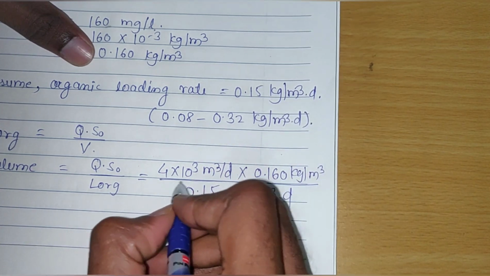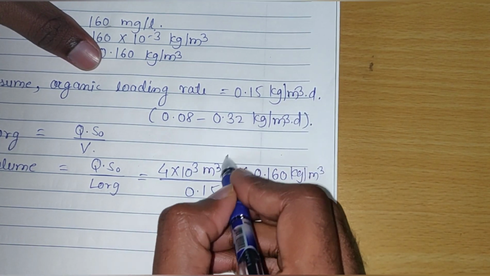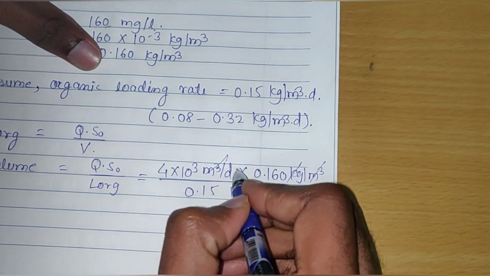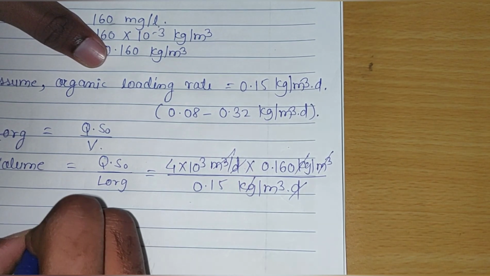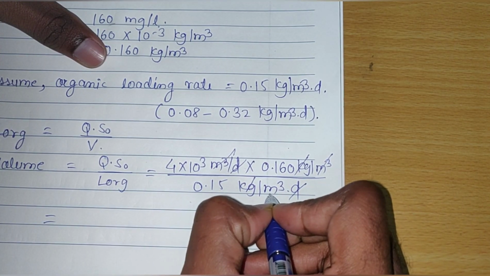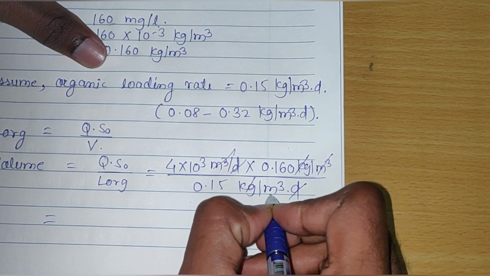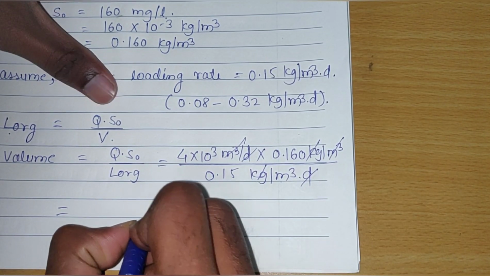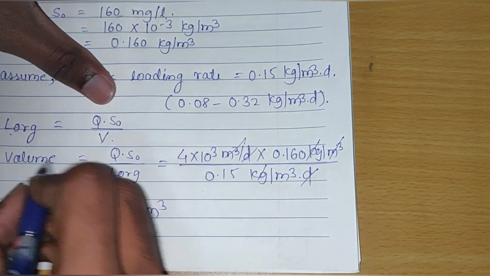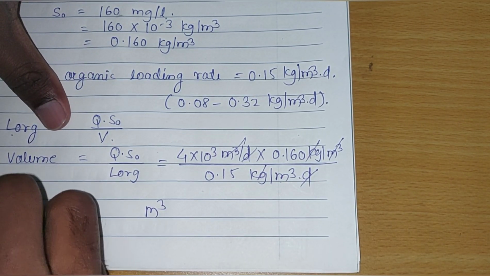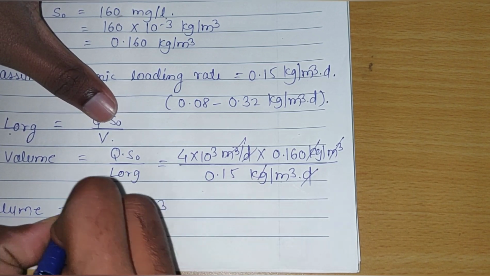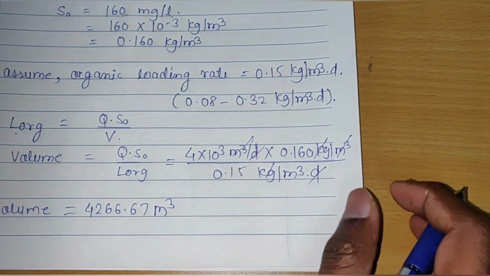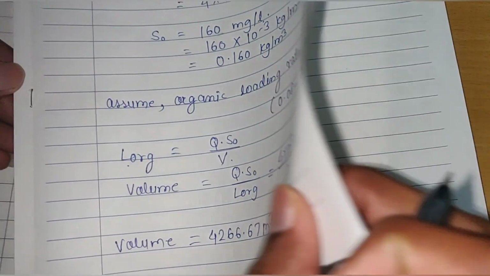Let's see the cancellation of units. Meter cube will get cancelled, kg will get cancelled, day per day will get cancelled, remaining is meter cube, which is in the denominator, so it will come to the numerator as meter cube. So the volume will be 4266.67 meter cube. Okay, so this is the value of volume.